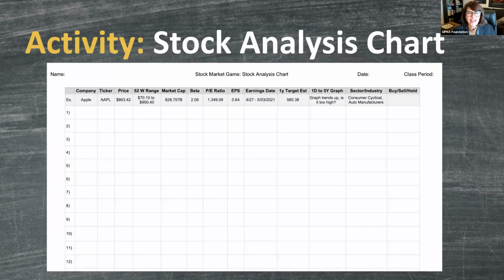All right, I have an activity worksheet and I hope you're up for the challenge because I know you can do it. This is a worksheet I use for my high school students, but I know everyone is up for the challenge. What I have here is everything that is on the Yahoo Finance front page. You pick a stock and you just start to fill it out.